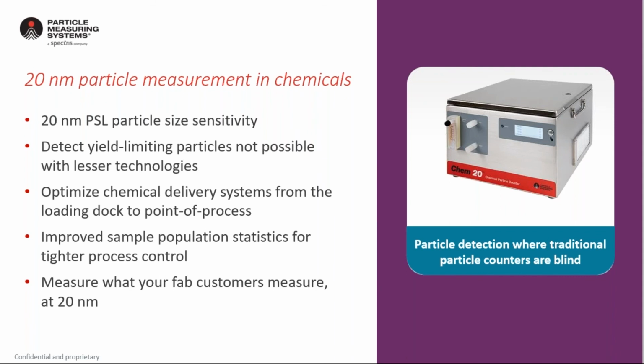Gives us the ability to detect yield limiting particles that are not possible with other lesser technologies. And you can use this technology then to optimize your chemical delivery system from the loading dock to the point of process. You can improve your sample population statistics because there are typically more particles at 20 nanometers than any of the larger sizes, and gives you better, tighter process control. And more importantly, you can measure what your fab customers measure at 20 nanometers.